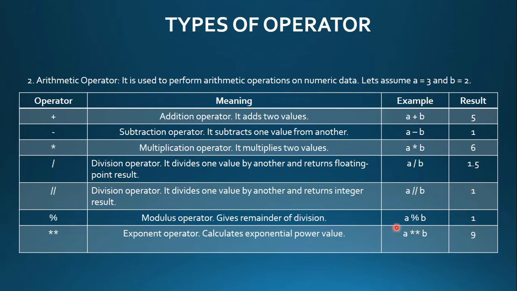And the last one is the exponent operator. What does it give? It calculates the exponential power value. If you write a exponent operator b, you can also say a to the power b, what will it give? It will give 9. Why? 3 to the power 2 is 9.